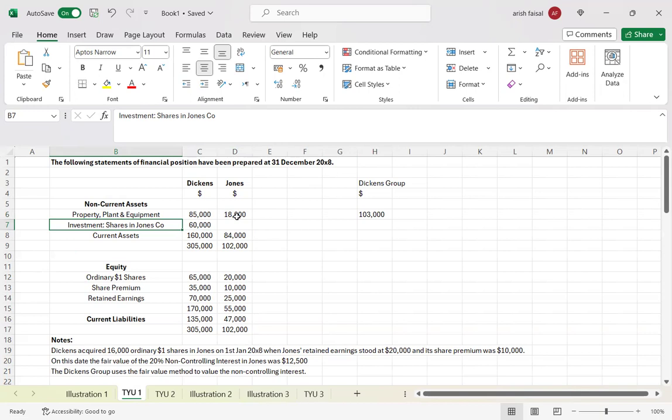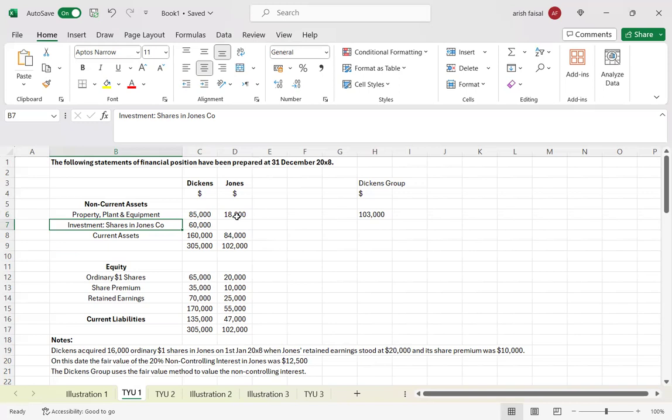Other investments which you make will definitely be reported, but any investment within the group will not be reflected, because the substance of the transaction is as if you're representing the parent and the subsidiary as one company, right? So we cannot show investments within ourselves. Outside, external investments are fine, but not within the group itself.